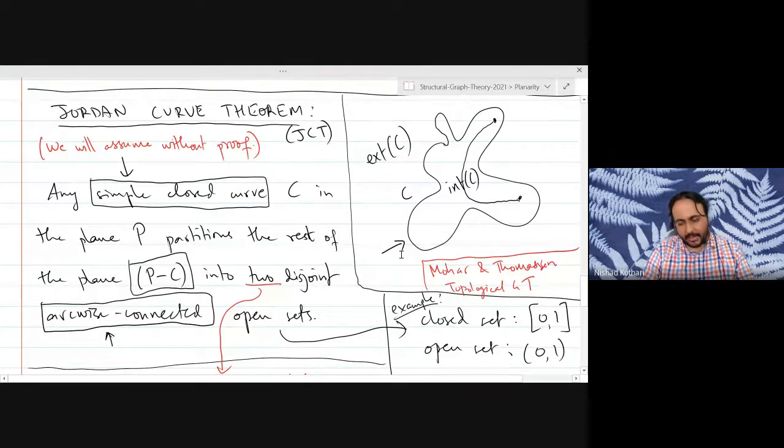But I would really like to go through the more topological proof, because it tells you more about the structure of K5 that is crucial to making it non-planar. What Euler's formula tells you is that there are too many edges in the graph, but it doesn't tell you much about the structure of K5. So we will also see a proof using Euler's formula, which is probably what you have seen earlier.